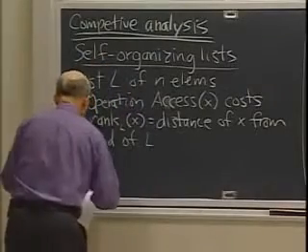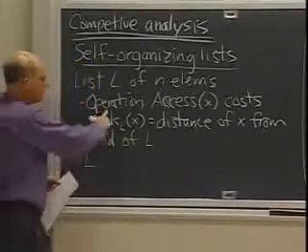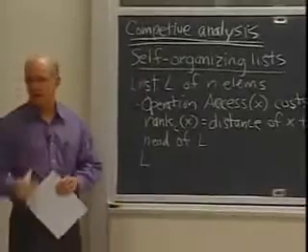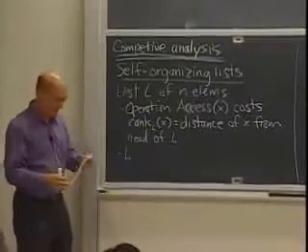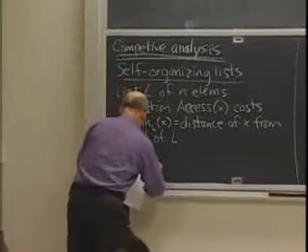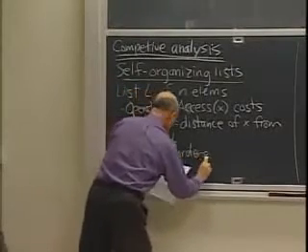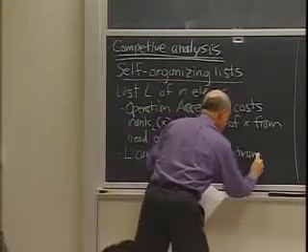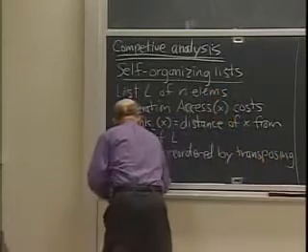And the other thing that the algorithm can do. So this is what the user would do. He just simply runs a whole bunch of accesses on the list, okay, accessing one element after another, in any order that he or she cares to. And then L can be reordered by transposing adjacent elements.